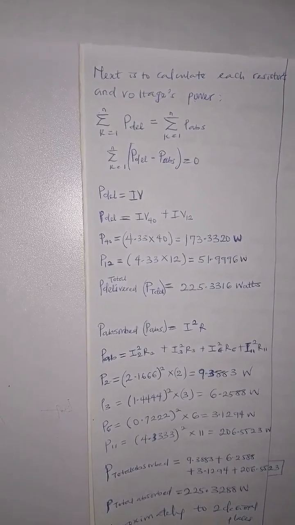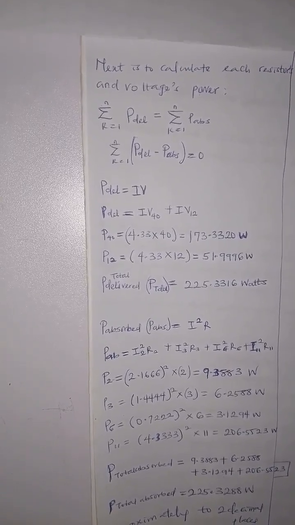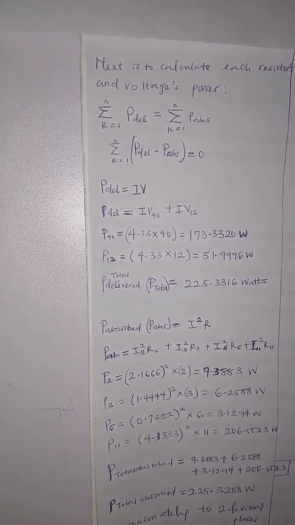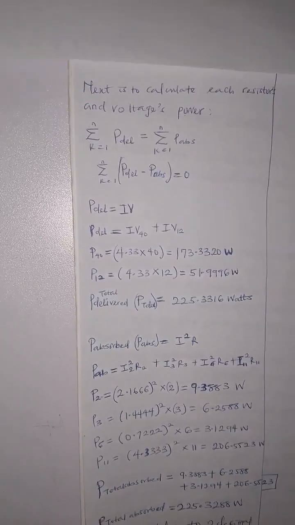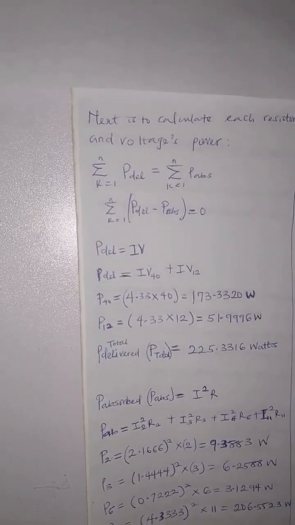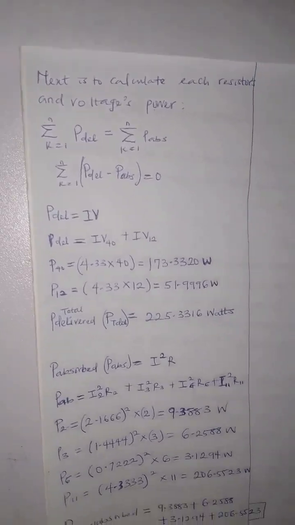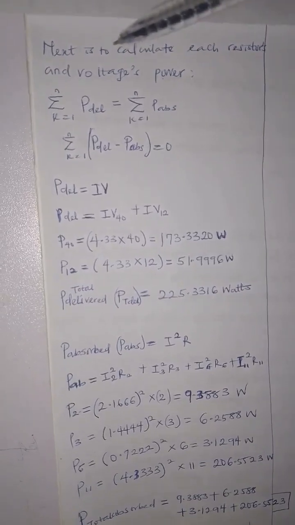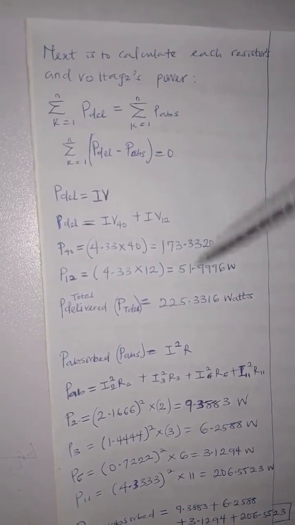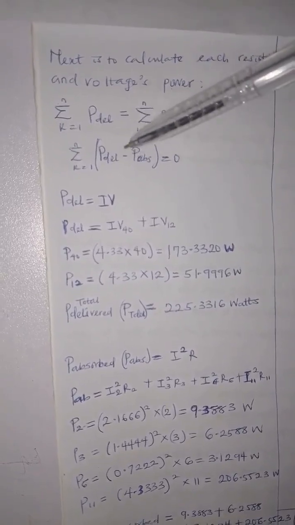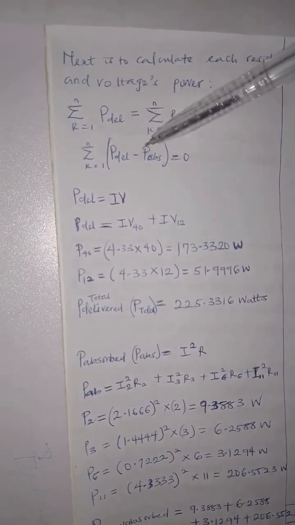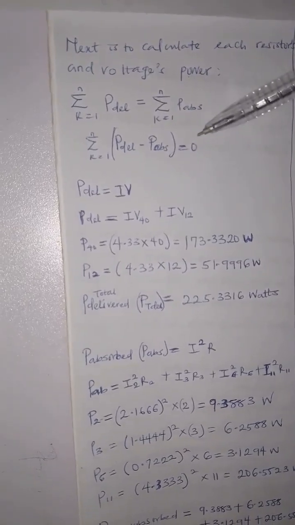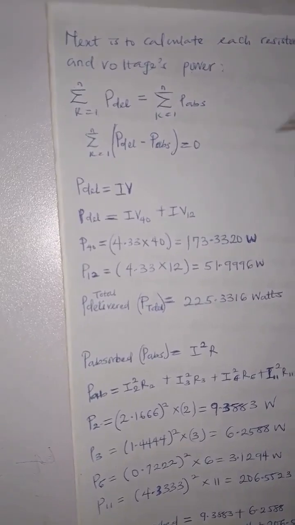Also, the algebraic sum of power absorbed by all the independent sources of the network is equal to the sum of the power absorbed in all the branches. So this law tells us that the total of each individual power, minus this one, will give us 0, and they are equal to each other.